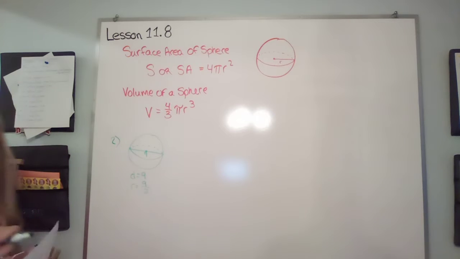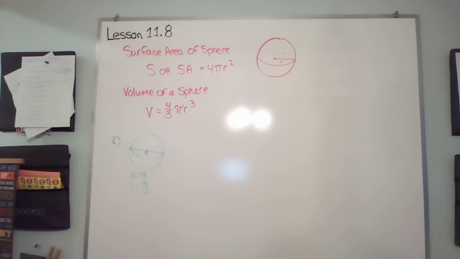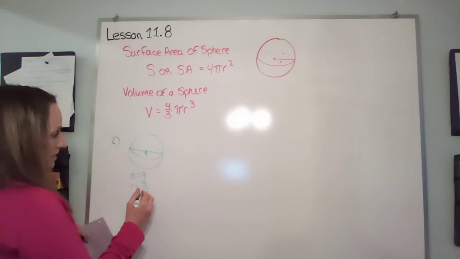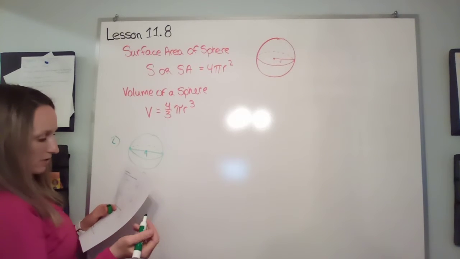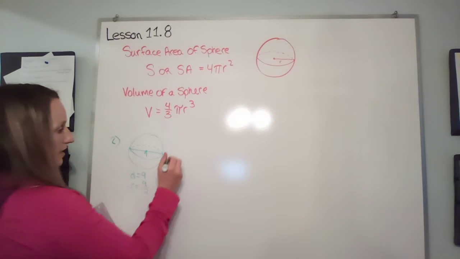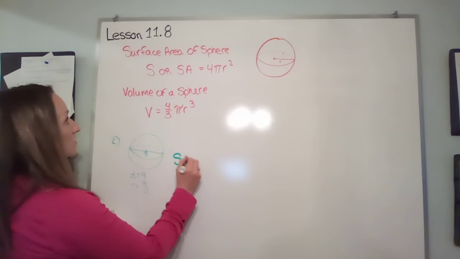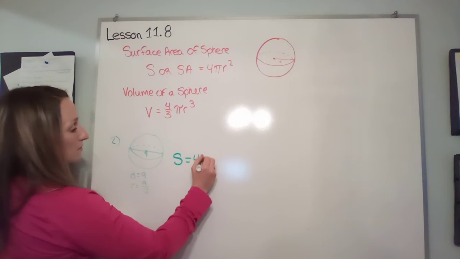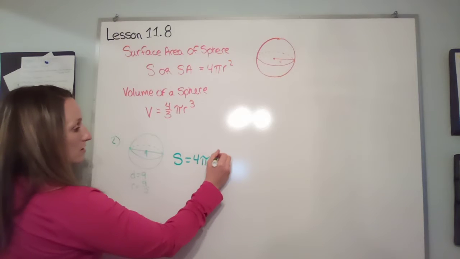You can hardly see that. Get a better marker. So if your radius is 9 halves, what are we finding here? Sorry, we are finding the surface area. Surface area is 4 pi r squared.